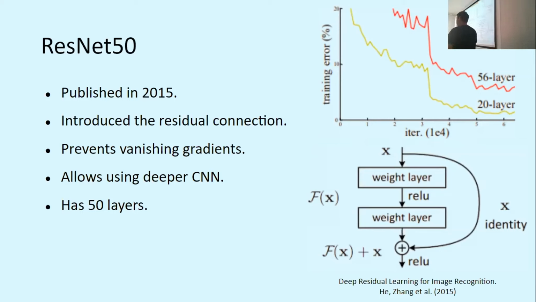They tested a 20-layer network against a 56-layer one, and the 20-layer had a lower training error. The reason is the vanishing gradient: the deeper levels did not catch the information anymore.